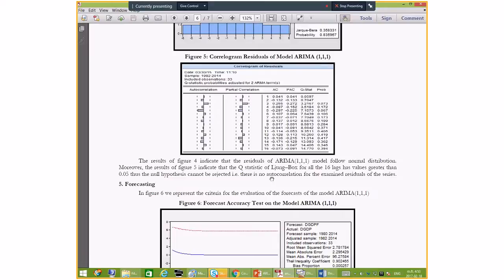Then there is no autocorrelation in the examined residuals of the series. So we can determine that this model is suitable for forecasting.